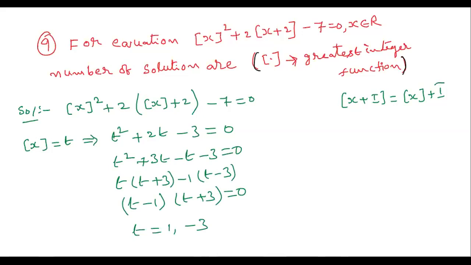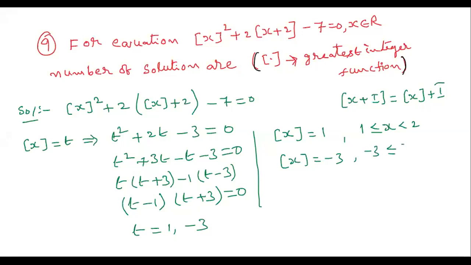T value 1 means, t means step x now. Step x is equal to 1. When is it possible? 1 less than or equal to x less than 2. Next, step x value minus 3. When is minus 3 possible? This is minus 3 less than or equal to x less than minus 2.